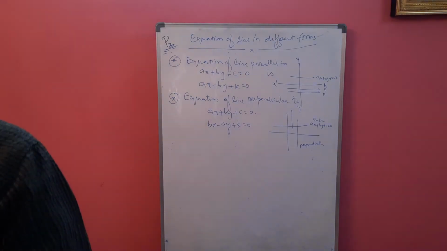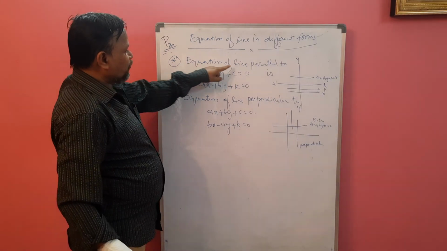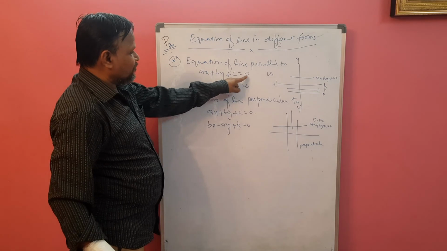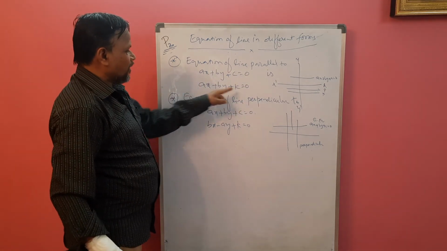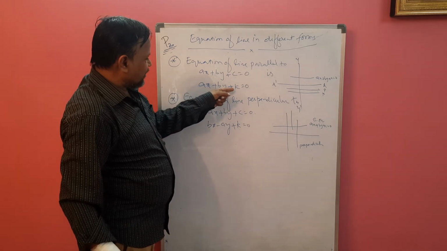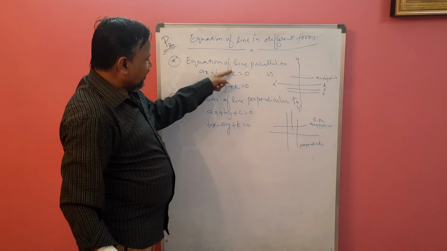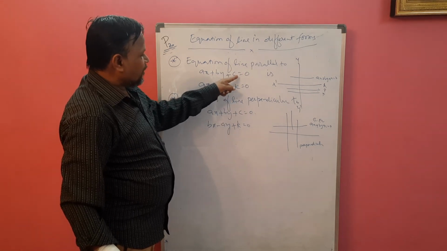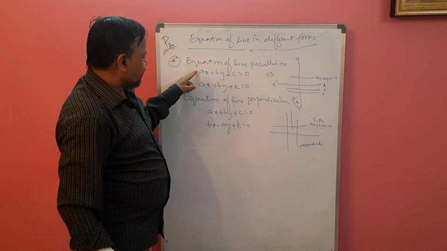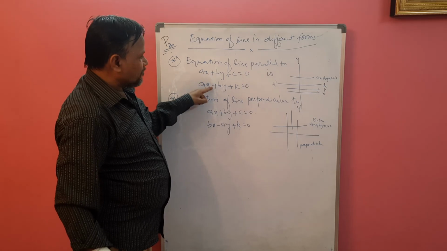Now, very important lines. See here, the equation of a line parallel to ax plus by plus c equal to 0 is this one. What is the difference? ax plus by as it is; only in place of the constant c you will get a different constant. All these coefficients are the same and the signs are also the same.